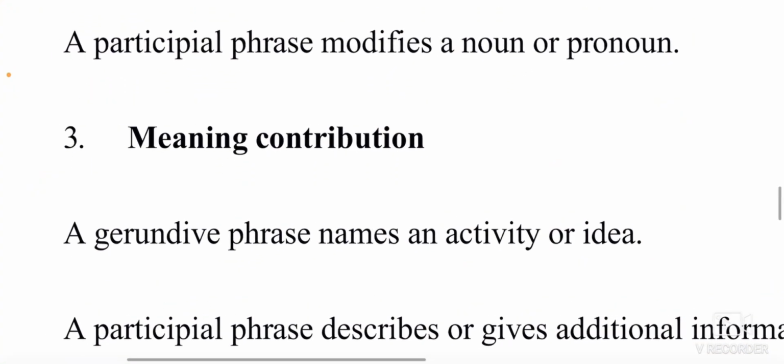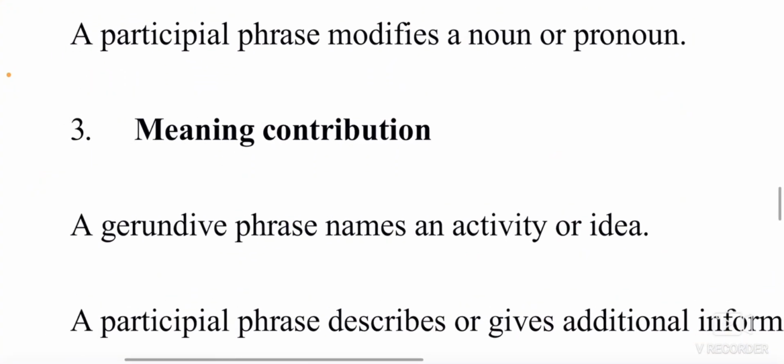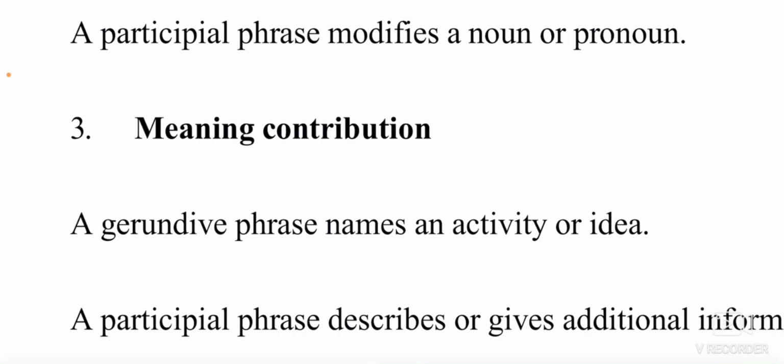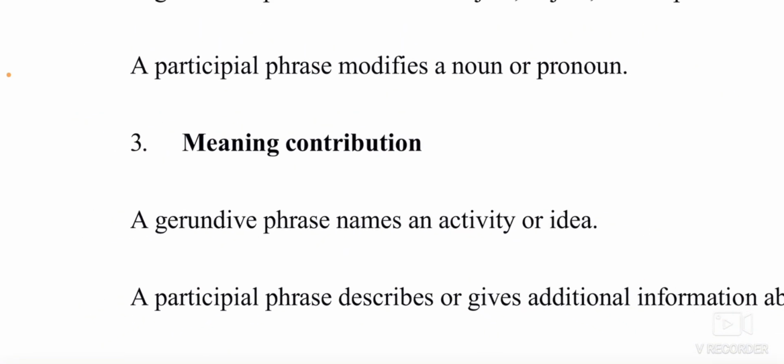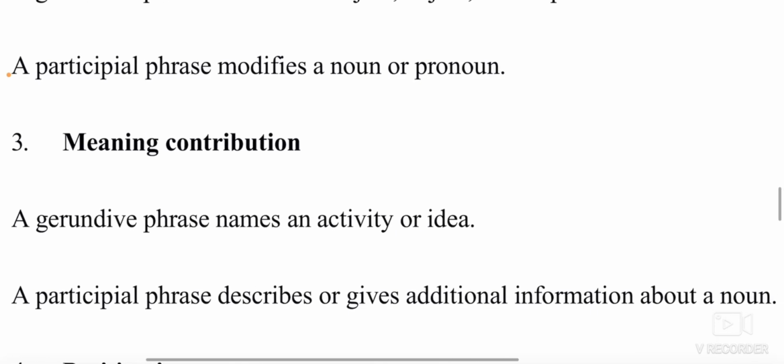Another one is meaning contribution. What meaning do they contribute? A gerundive phrase names an activity or an idea. For instance, swimming is my hobby. Swimming is an activity, a gerundive phrase naming. However, a participial phrase describes or gives additional information.